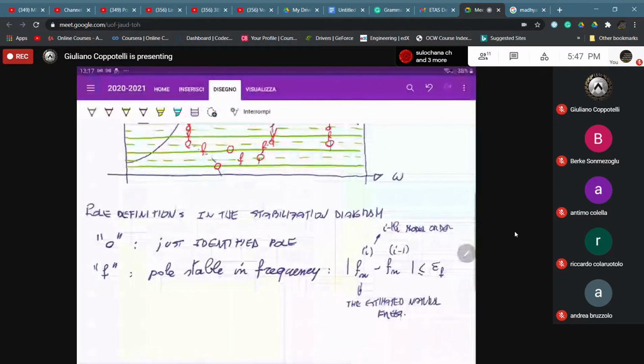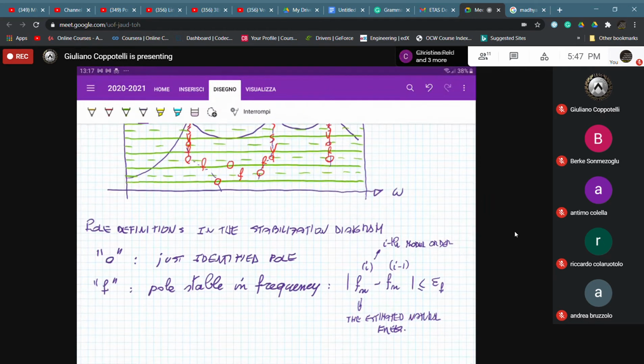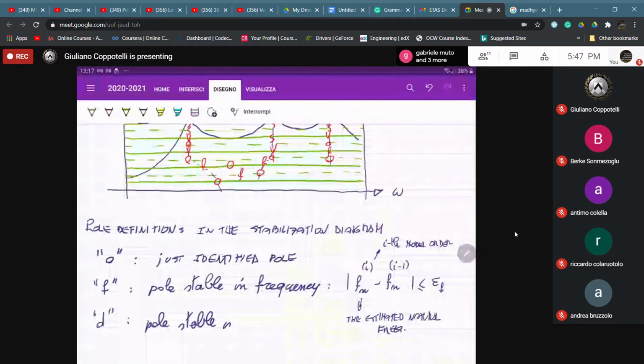Then, as you can see from the plot, we also have what is called the D-stable pole. That is your pole stable in damping.